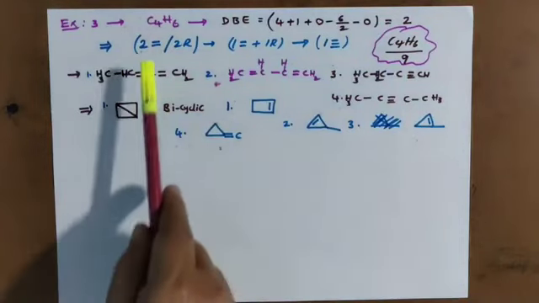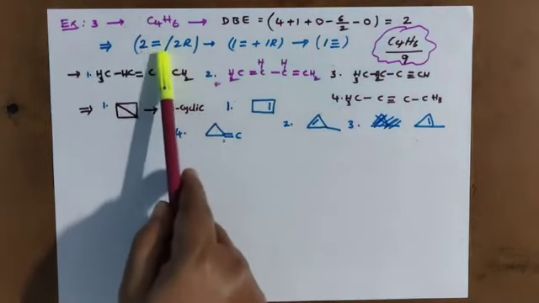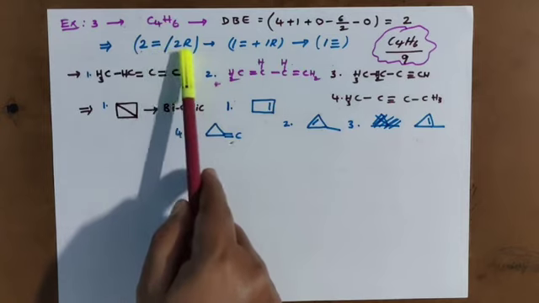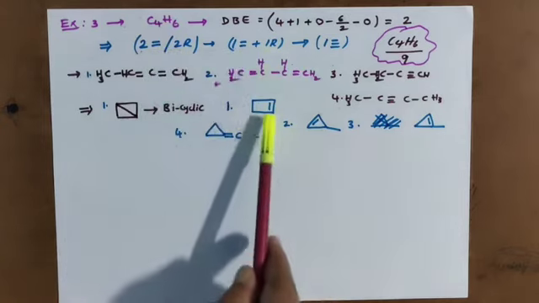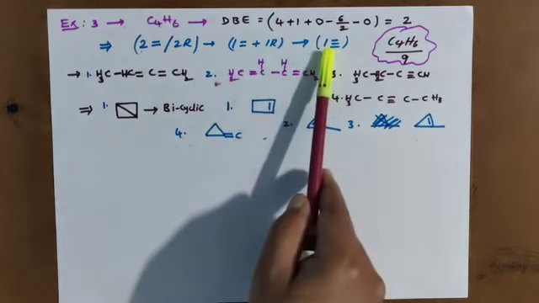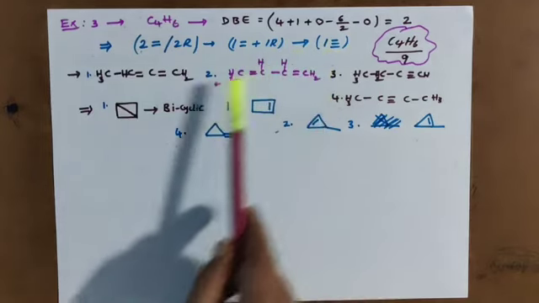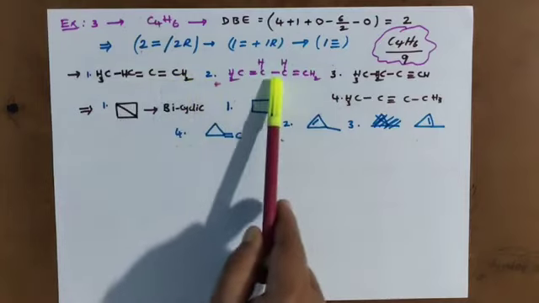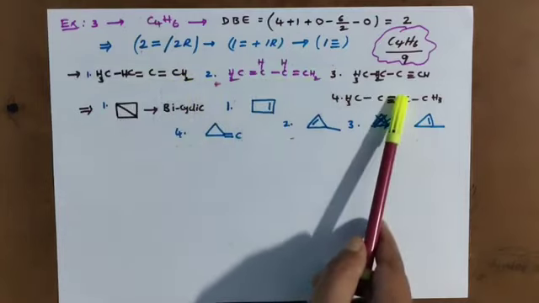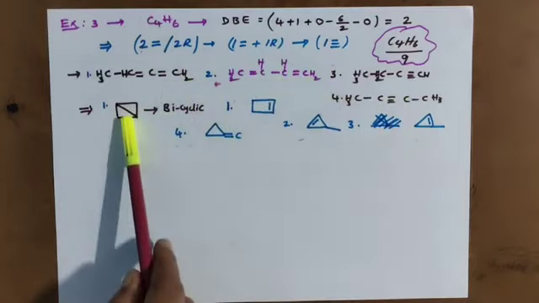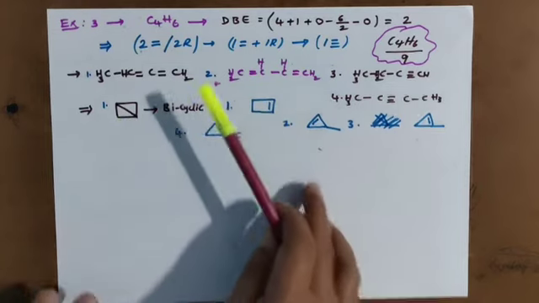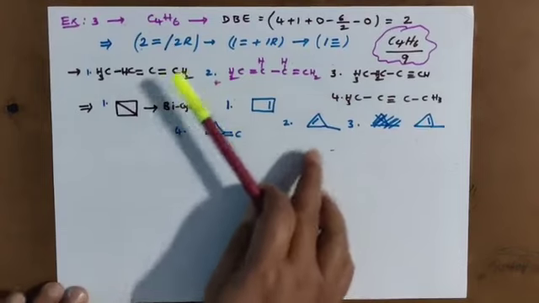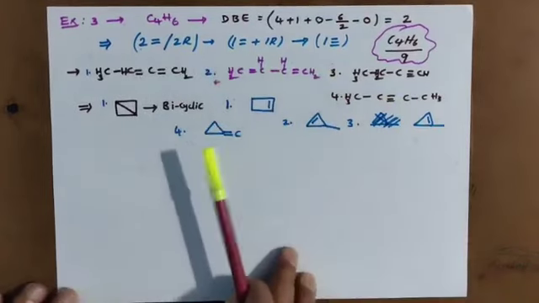DBE 2 means 2 double bonds, or 2 rings, or 1 double bond and 1 ring, or 1 triple bond. So with double bonds 2 structures, triple bond 2 structures, 2 rings 1, and 1 ring with 1 double bond, 4 we got. Total 9 we got.